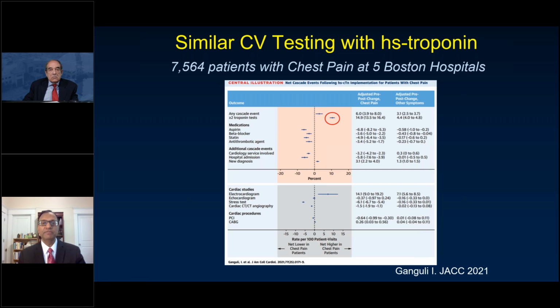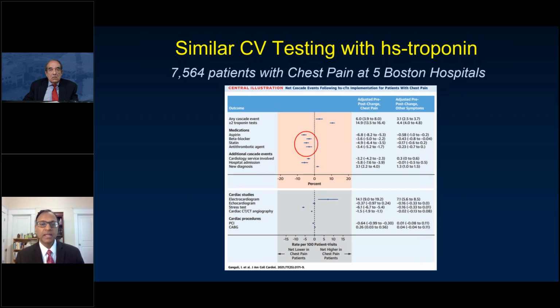Anything to the left of this hash bar indicates that that resource is being utilized less often. So not surprisingly, after implementation of HS troponin, what our colleagues found was that troponins were being checked more often, which is not a surprise because HS troponins require the use of serial tests. So that is not surprising.